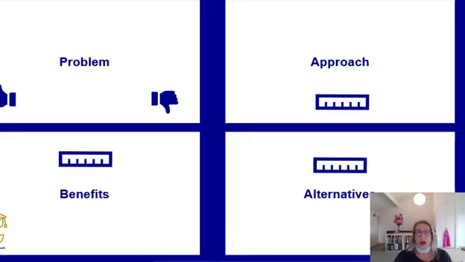You want them to rate the alternatives to the solution and to see how your idea compares. You want to find out whether your idea is better than the alternatives, because this result is going to tell you whether you're on the right path or if it's back to the drawing board.